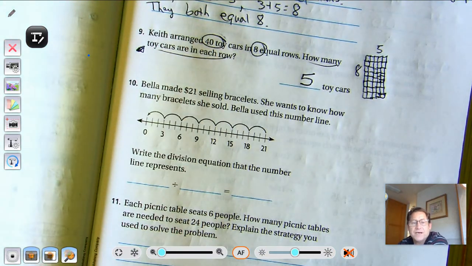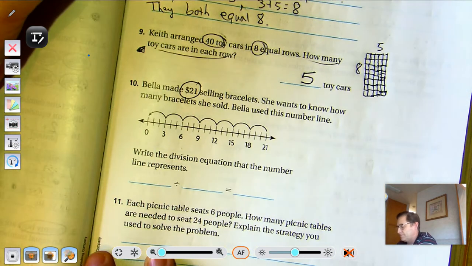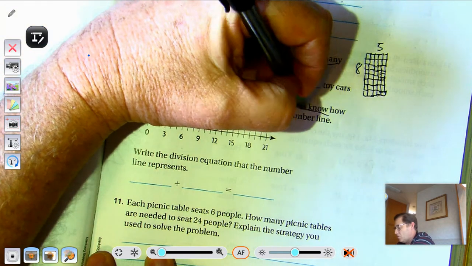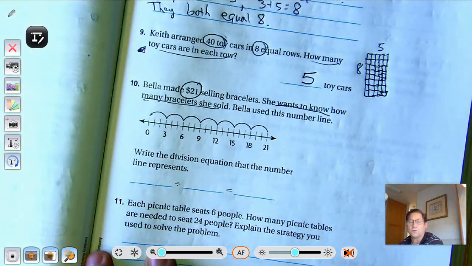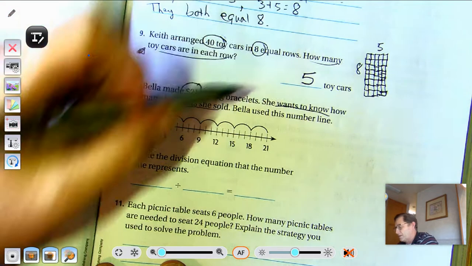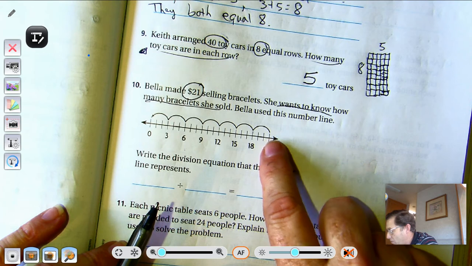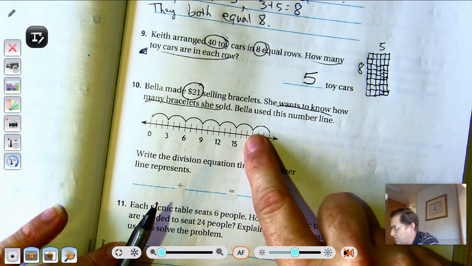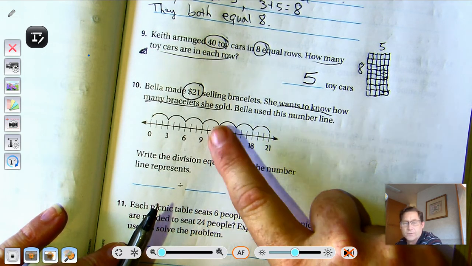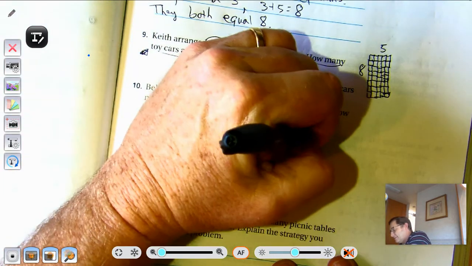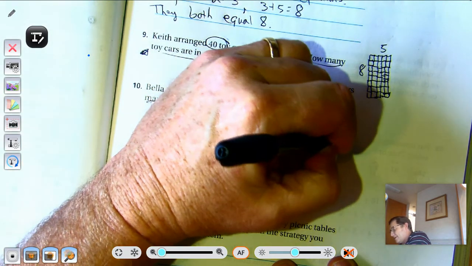10. Bella made $21 selling bracelets. She wants to know how many bracelets she sold. Bella used this number line. So what are we dividing by? It looks like 1, 2, 3. 1, 2, 3. 1, 2, 3. So we're repeatedly dividing by 3.